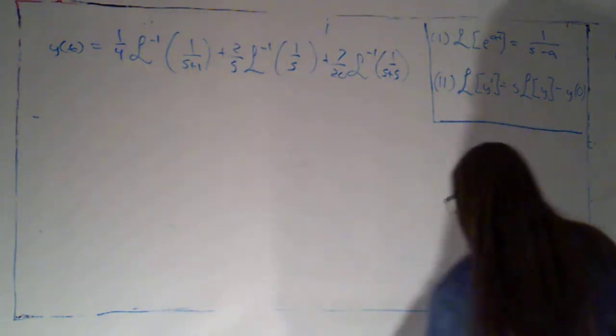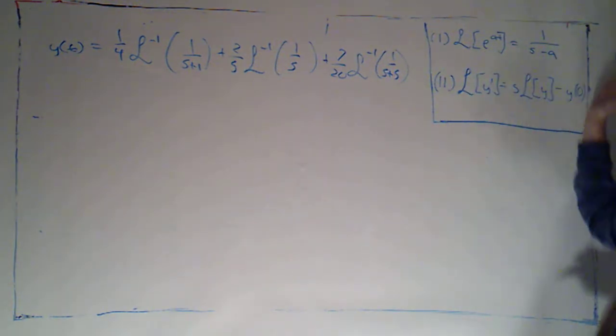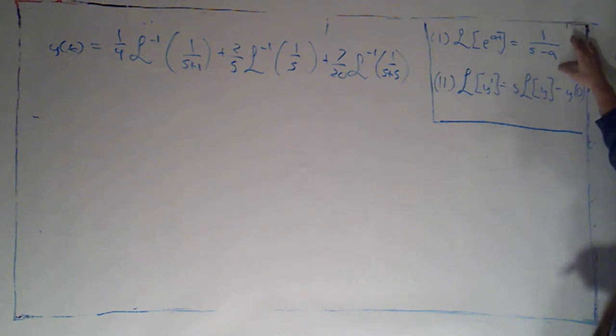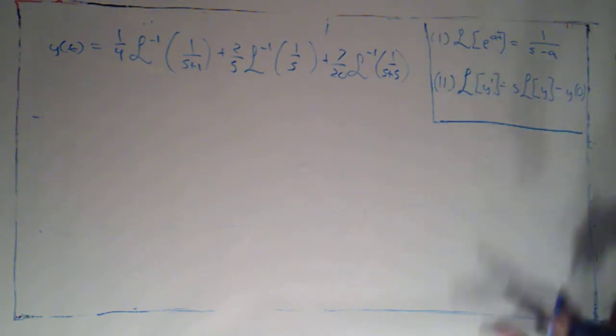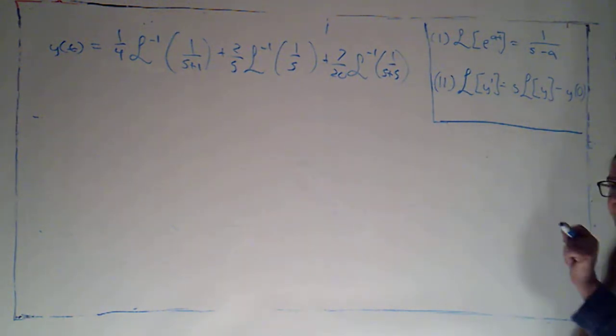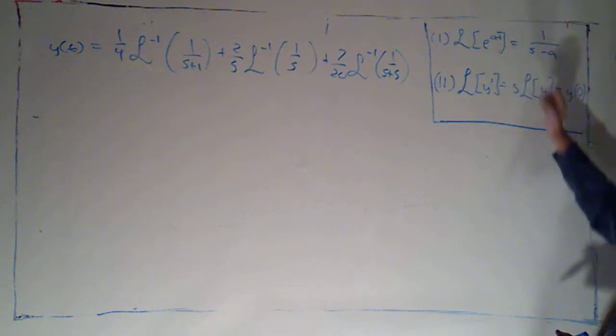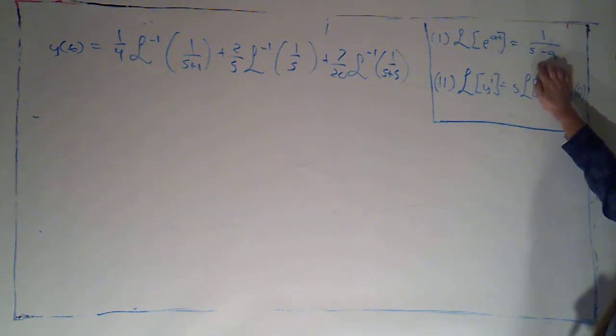Okay, and I'm basically going to be using rule 1 3 times. I'm just going backwards. If this is the Laplace transform of that function, another way of saying that, and this is spelled out in more detail on the handout or the formula sheet, is that this function is the inverse Laplace transform of that.